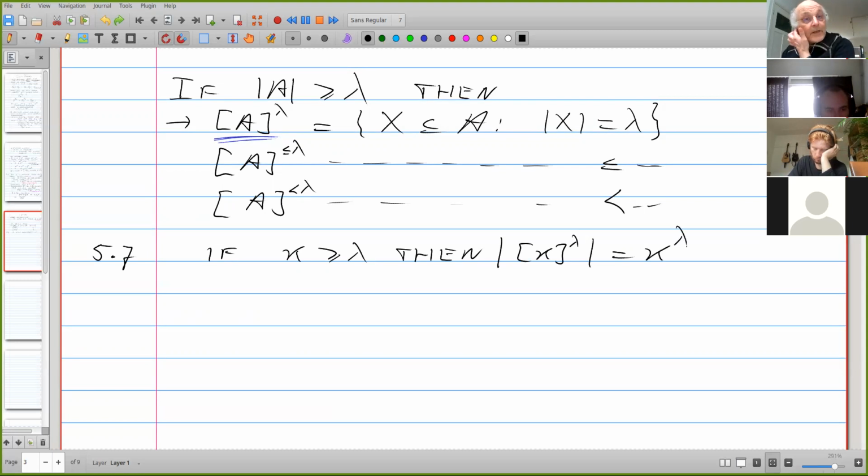Usually kappa and lambda here are infinite cardinals. If they can be finite, you will notice because we will have a finite bound for them here or there. But if we have infinite cardinals and we're looking at all the subsets of kappa that have exactly cardinality lambda, then there are this many of them.